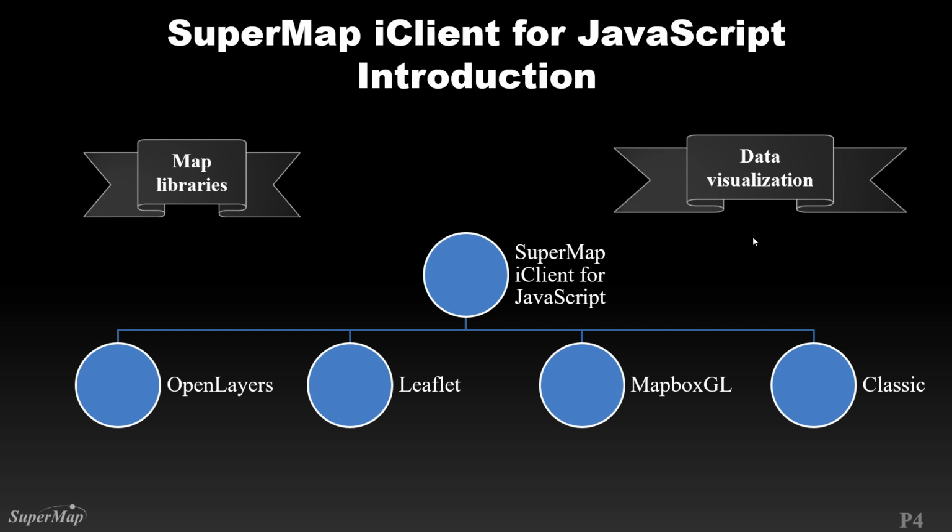It's based on the new open source architecture of Apache License version 2. It employs a brand new architecture and provides interfaces for the iClient for Mapbox package and the classic JS library used together with iServer services.